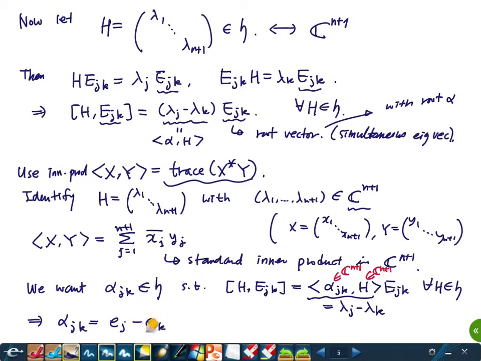This is the usual standard basis vector in C^(n+1). Because this inner product with H will give us lambda j, and this inner product with H will give us lambda k. So because of the minus, we get what we want. The usual standard jth component basis vector. All right?